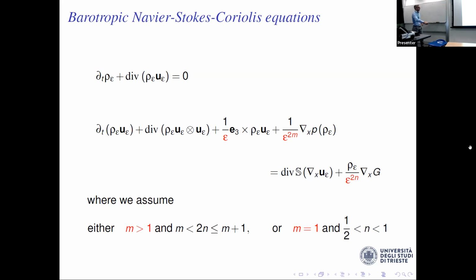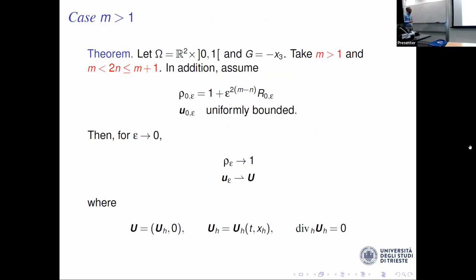And we assume the following regime. When m is greater than 1, 2n is greater than m. That means that the Froude number is greater than the square root of Mach, and same as for the case m equal to 1, I will go very fast in this theorem because it has the same idea as the previous one. We take initial data that are small perturbations of a constant profile.